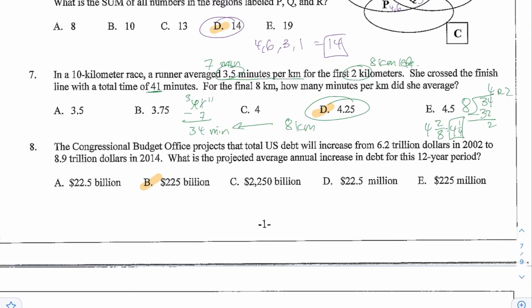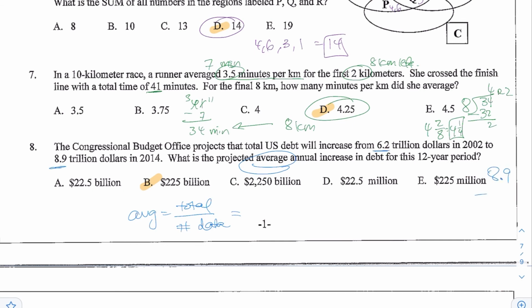Next, for number 8, the Congressional Budget Office projects that the total U.S. debt will increase from $6.2 trillion in 2002 to $8.9 trillion in 2014. What's the projected average annual increase in debt for this 12-year period? The keyword here is average, and average is equal to total divided by the number of data. In this case, it will be the number of years. So the total increase will be from 6.2 to 8.9.